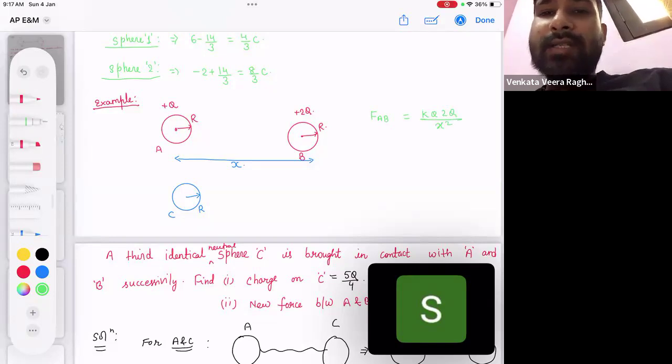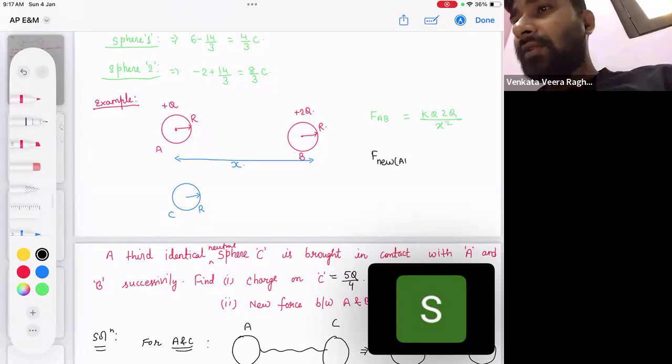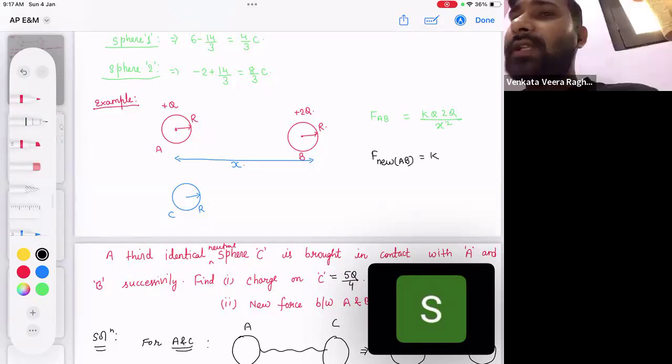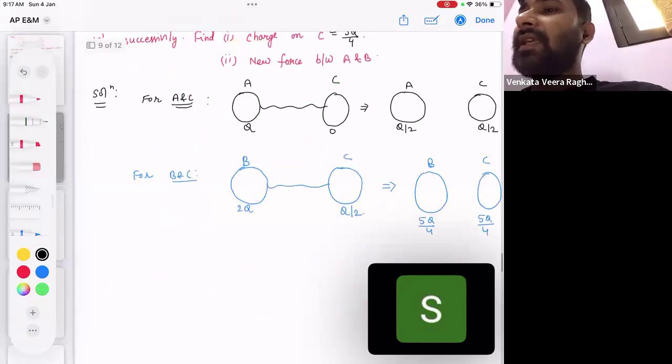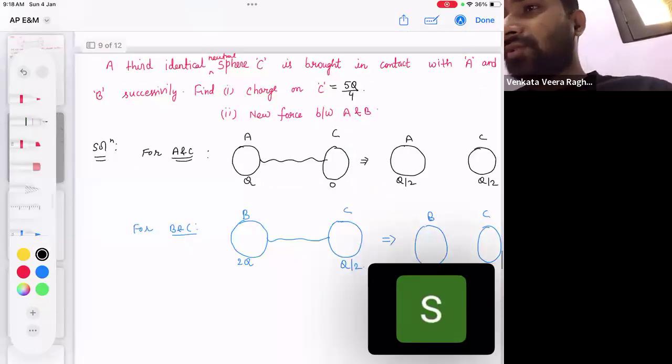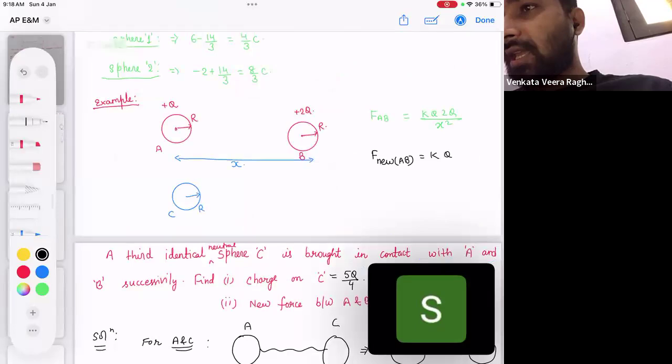And later, when the distribution of charge has been completed, what is the new force between A and B? So it will be K. What is the new charge on A and B? A has finally charge Q by 2, B has 5Q by 4. So K times Q by 2 times 5Q by 4 divided by x squared.